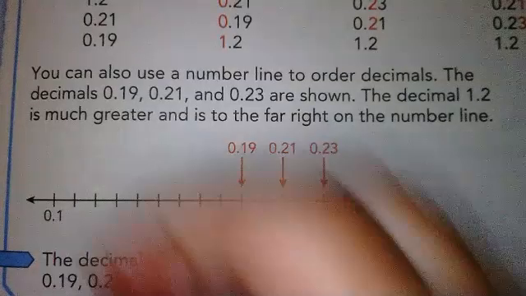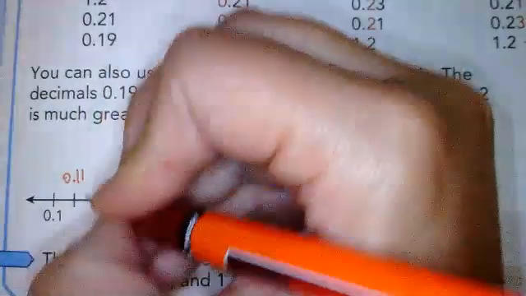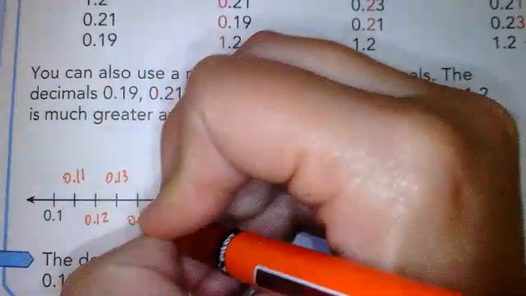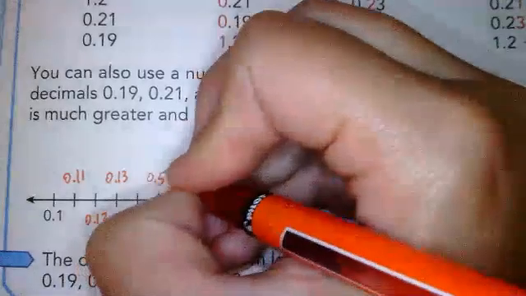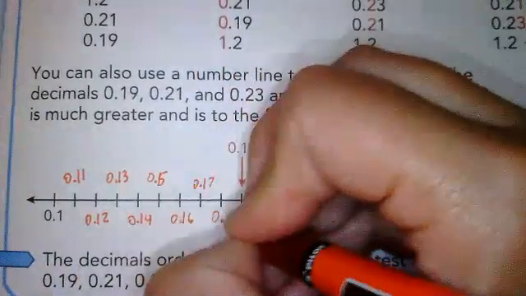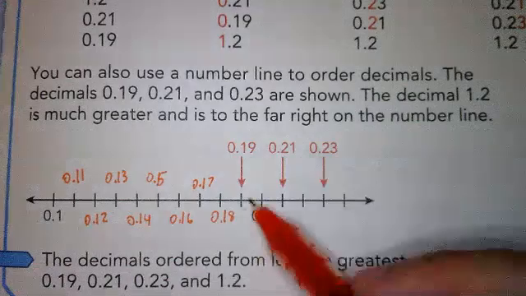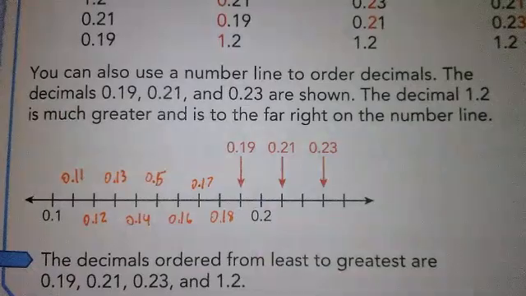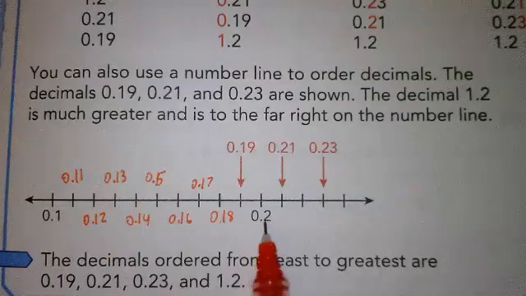That's why. So this would be 0.11, 0.12, 0.13, 0.14, 0.15, 0.16, 0.17, and 0.18. Then 0.19, or 0 and 19 hundredths. Does that make sense? Okay. Then we move to 0.2, and then we just start over.